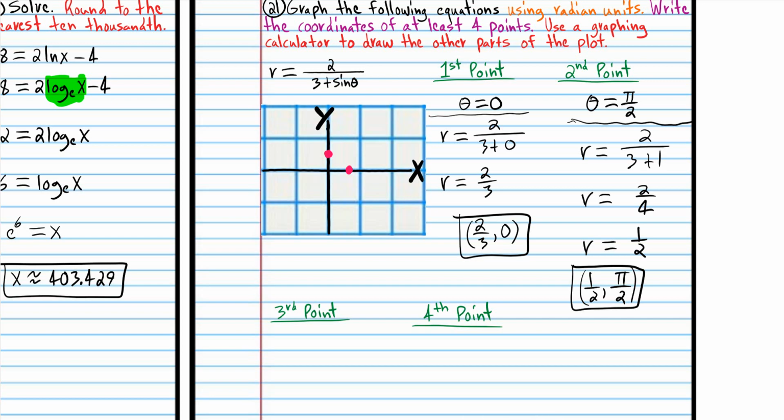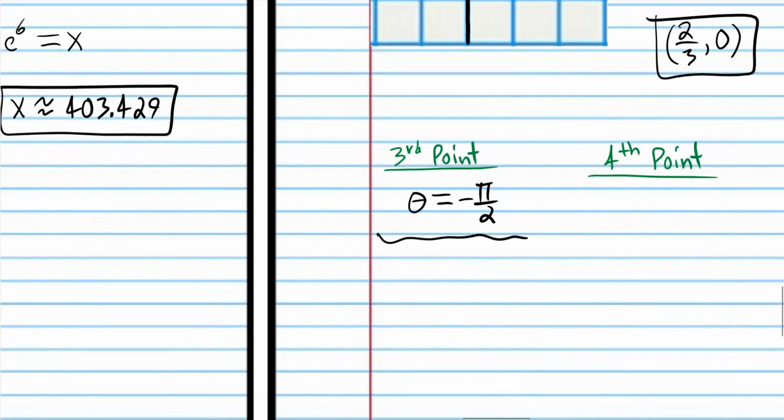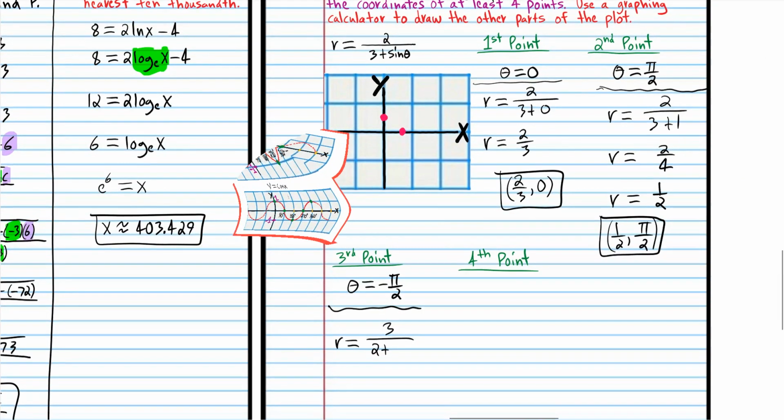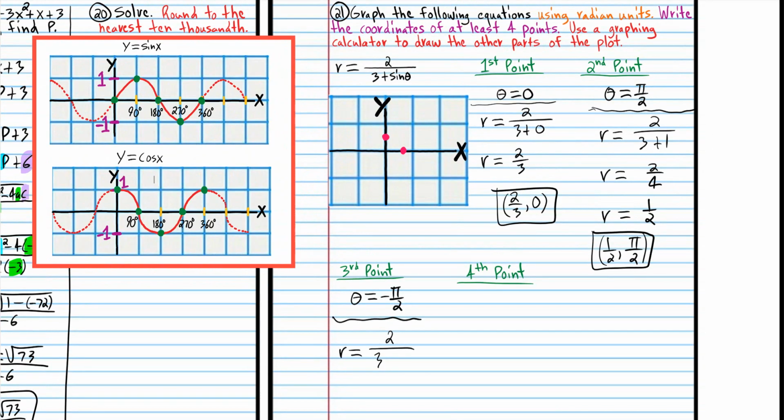So now let's maybe try negative pi over 2, so negative 90 degrees. So r is equal to 3 over 2 plus sine of negative 90. So sine of negative 90 is negative 1.